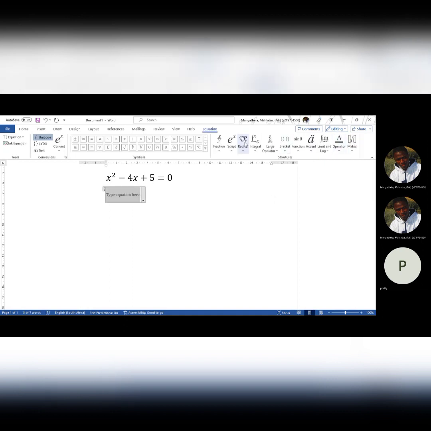The factors of 5, and the factors of x squared. The factors of x squared are x and x. So we have x and x. The factors of 5 are 5 and 1, equal to 0.